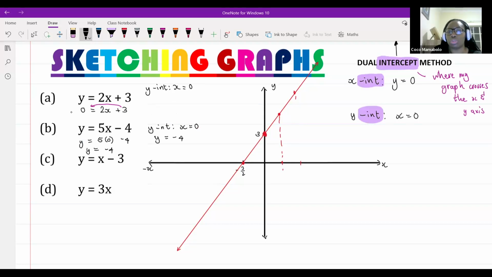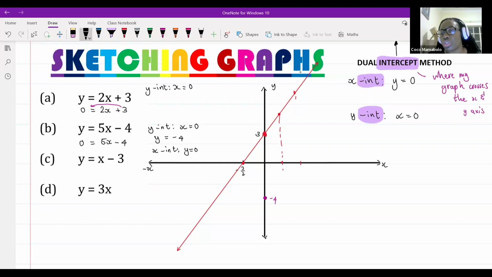So I'm going to go to my y-axis at -4, and draw a dot there. Then I'm going to look for the x-intercept. For my x-intercept, I'm going to make y equal to 0. So 0 equals 5x minus 4.